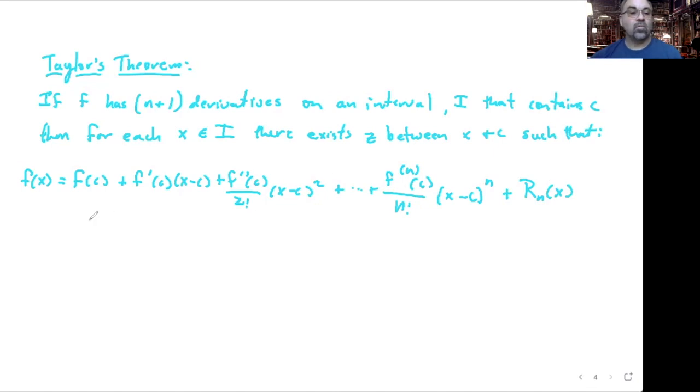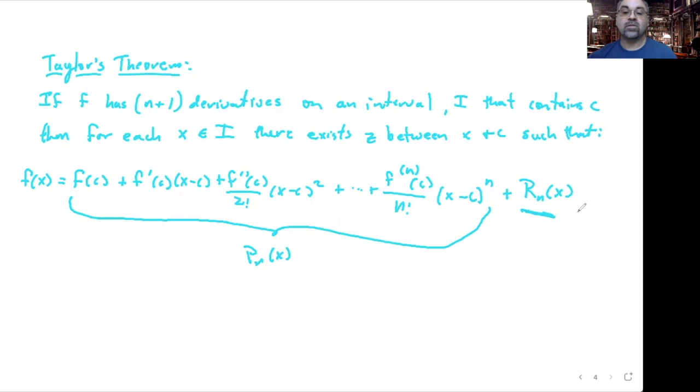So what we're saying is f of x, not the polynomial, the actual function, is equal to all of this, which is the nth degree Taylor polynomial, plus some remainder. Let me pull up my Desmos again.